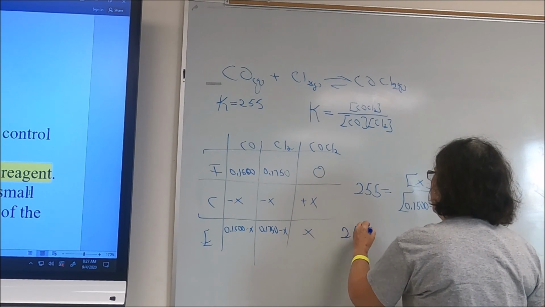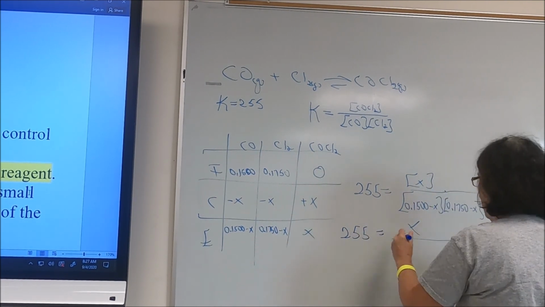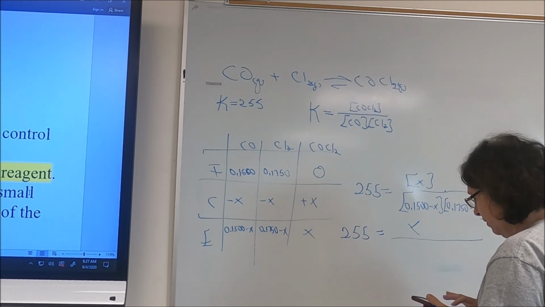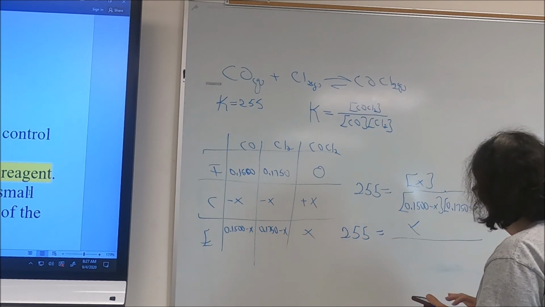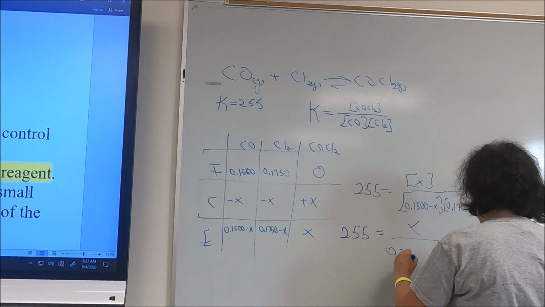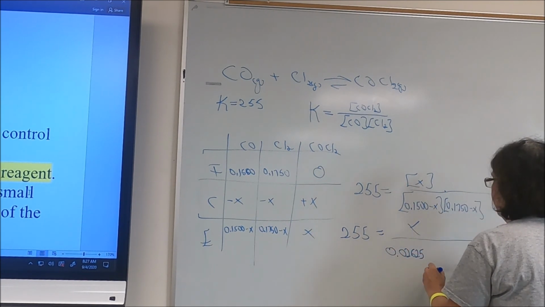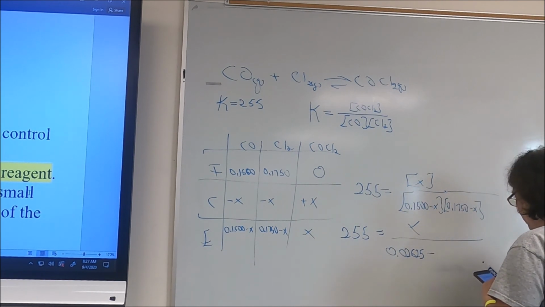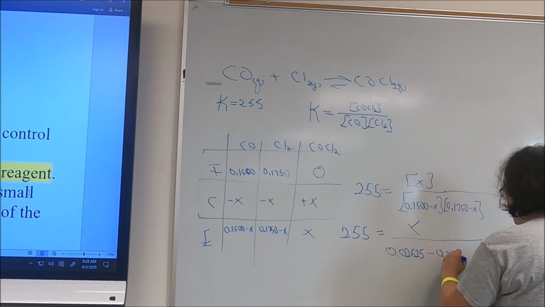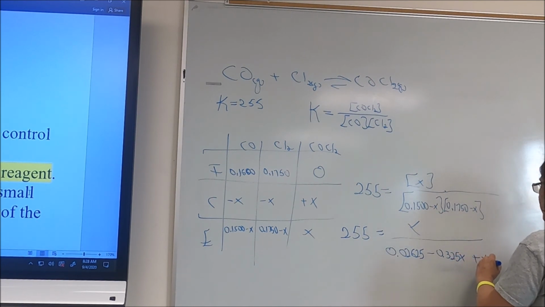So 255 is going to equal X over 0.1500 times 0.1750, and I get 0.02625 minus 0.150 plus 0.175, so 0.325x plus x squared.